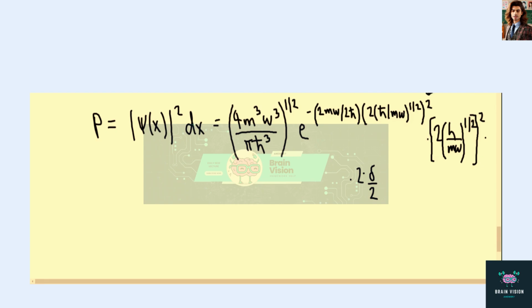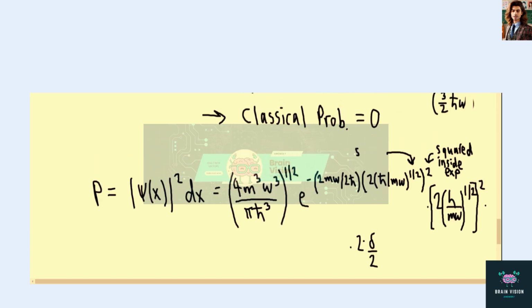So we carry out some reduction, and notice that we have a square within an exponential right up here. That square is going to cancel with this square root inside of the exponential as well.